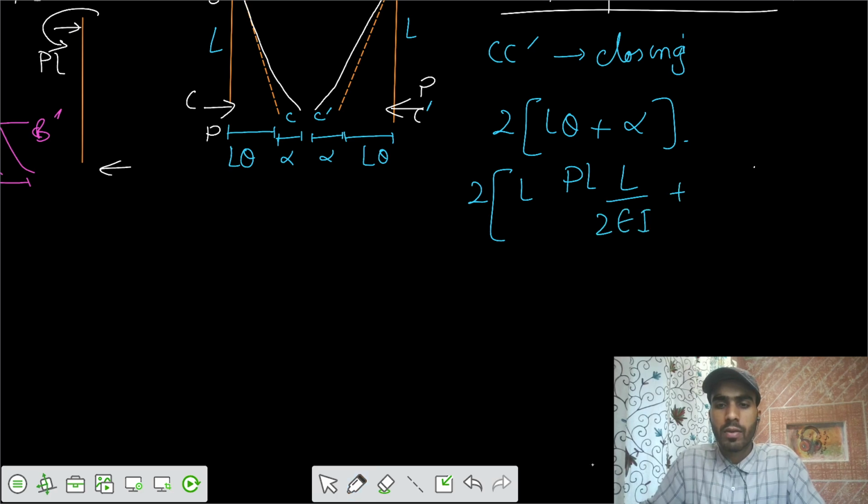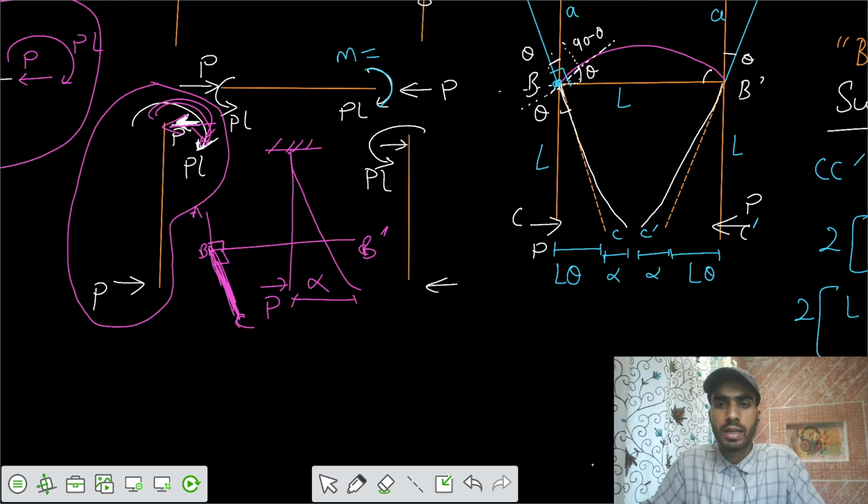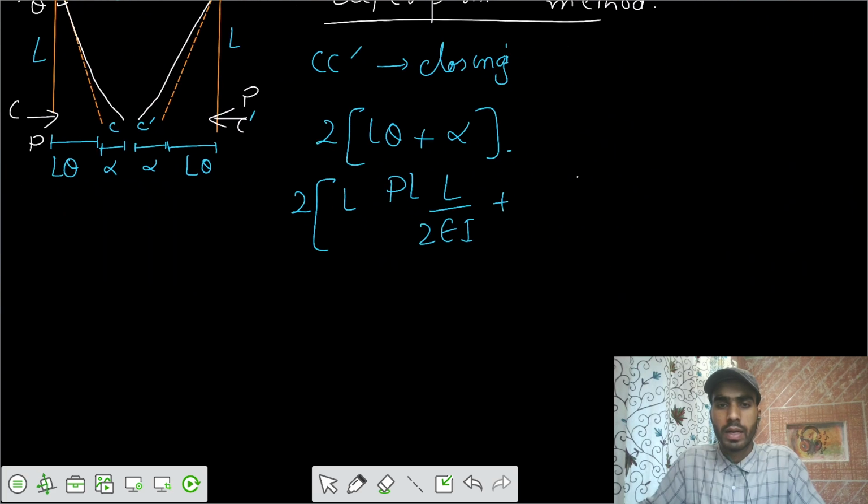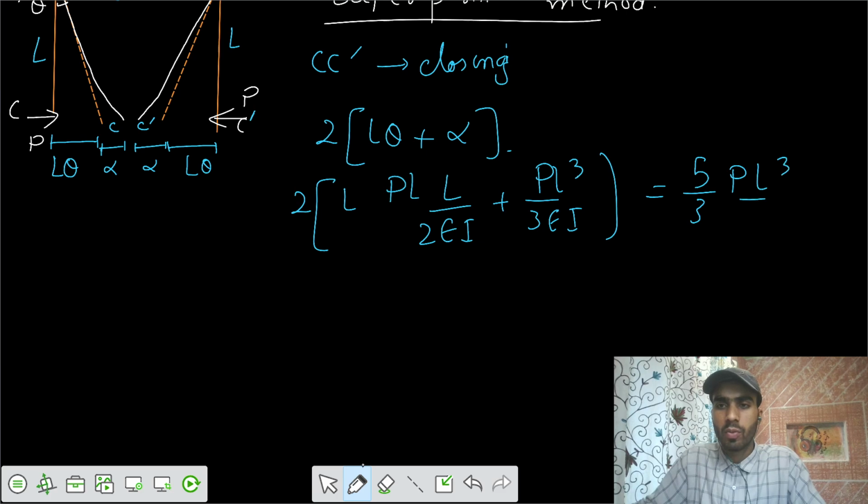We know the value of alpha when we treat it as an imaginary beam. This was length L, load is acting at the end span. We can write PL cube by 3EI. So finally your value would come out to be equal to 5 by 3 PL cube by EI.